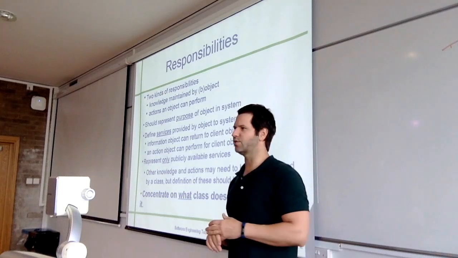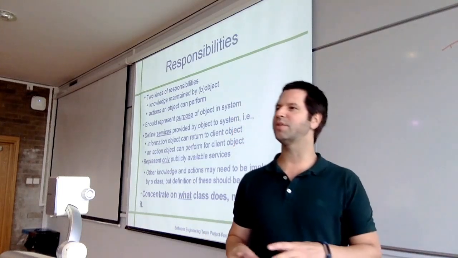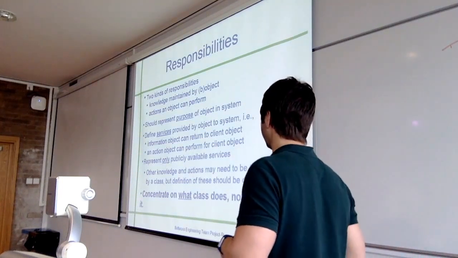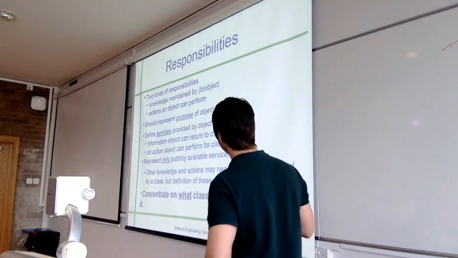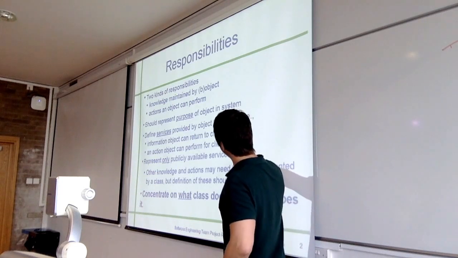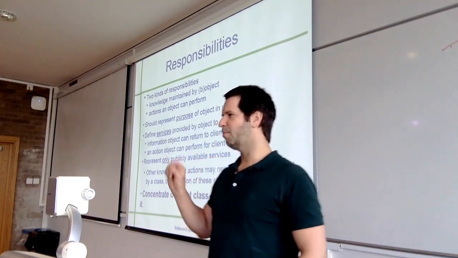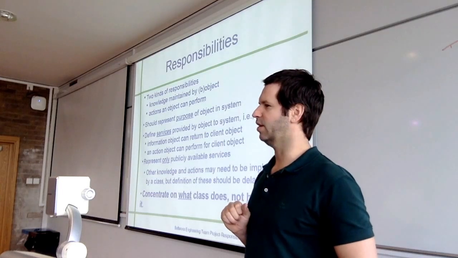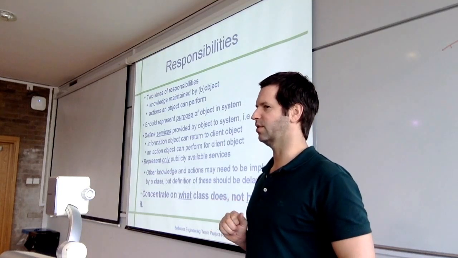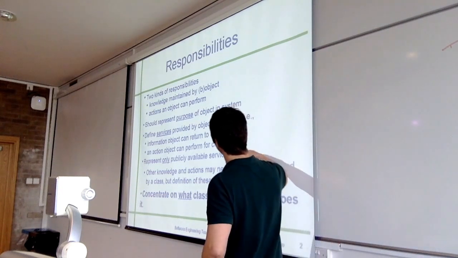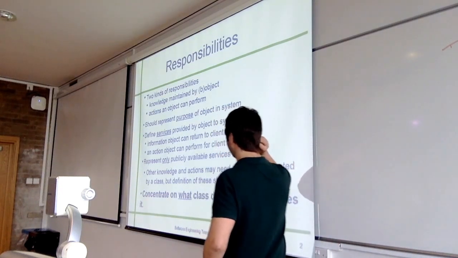Responsibilities represent only the public actions or the public services. Generally speaking though, these public services are public methods. So you've seen public methods in Java, right, already, and private methods in Java. So responsibilities generally correspond in Java to public methods.